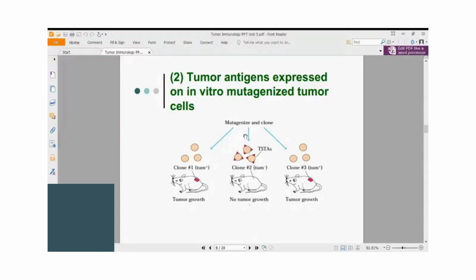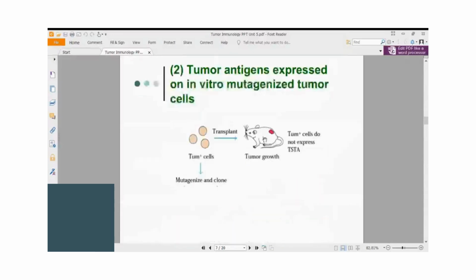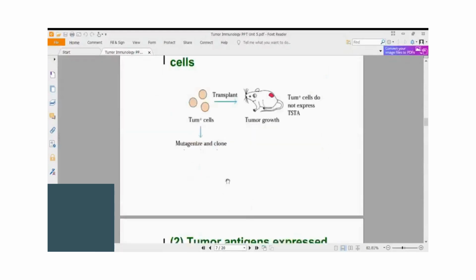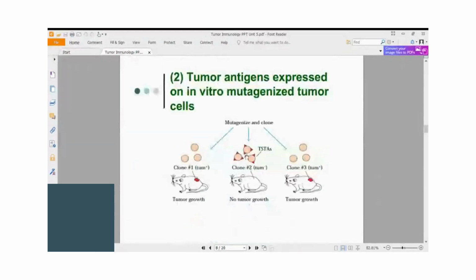And those which do not grow are the ones which are now expressing the transplantation rejection antigens, which were not there in the earlier stage. Because of the mutation, they are expressing the transplantation rejection antigen, due to which the immune response in that mouse will be very high. Therefore, the tumor does not grow. So, one can understand from this the tumor cells' behavior.